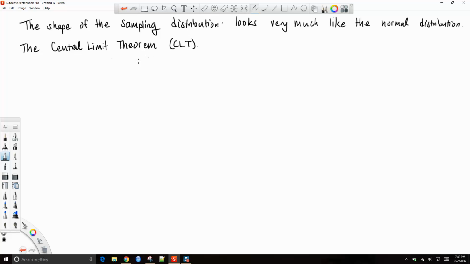The math for the central limit theorem is beyond the scope of this course, but the central limit theorem proves that the sampling distribution of p-hat will be approximately normal.